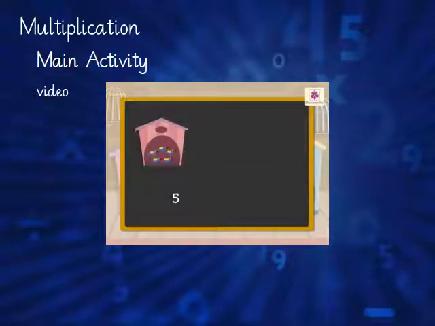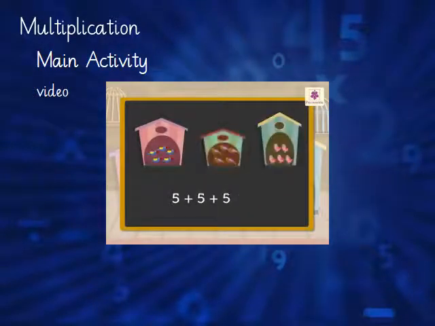That is, 5 plus 5 plus 5 is equal to 15. That is, 3 times 5 is 15. Using the multiplication sign, we write it as 3 multiplied by 5 is 15. So, there are 15 birds in all.